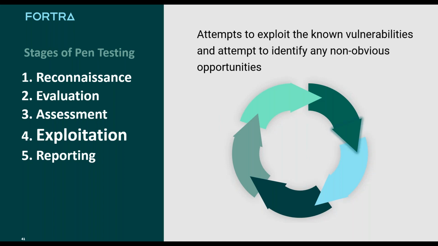This is not where I'm going to try and bring down your systems. The pen testers should not be attempting to damage your infrastructure in any way, but they are going to attempt to identify not only that the vulnerabilities that were listed out are vulnerable, but also possibly non-obvious opportunities that weren't in the data that they originally collected.